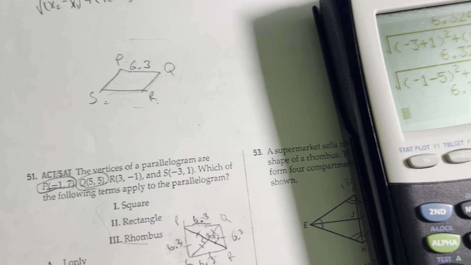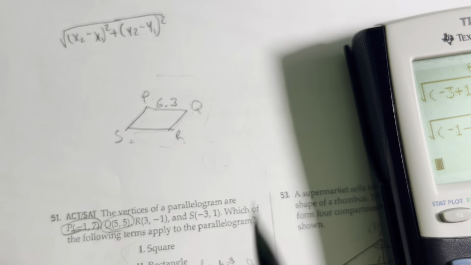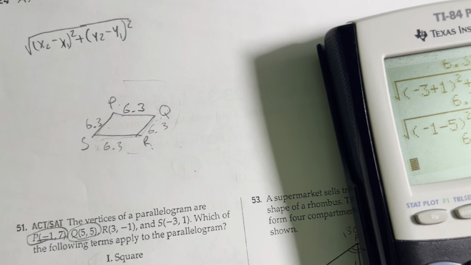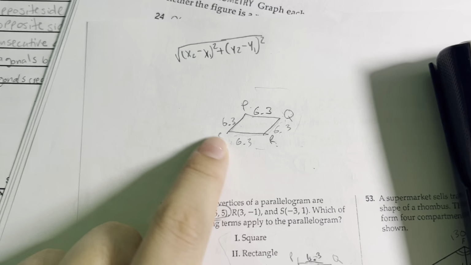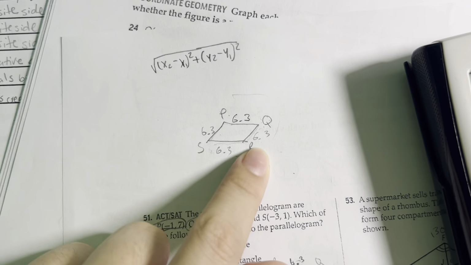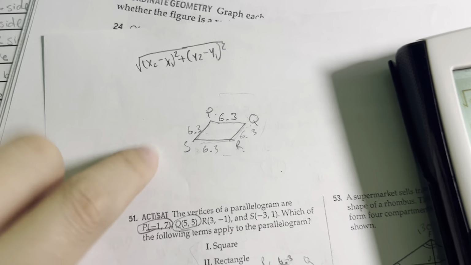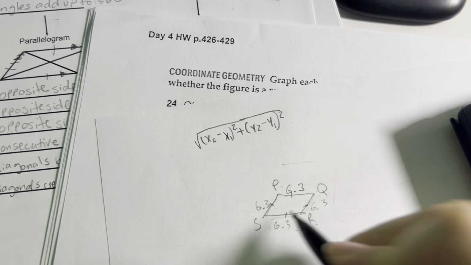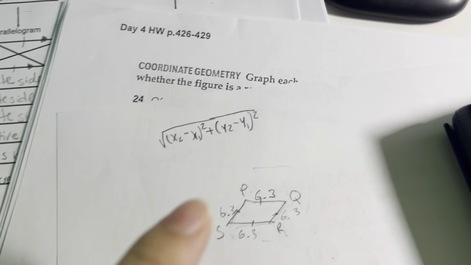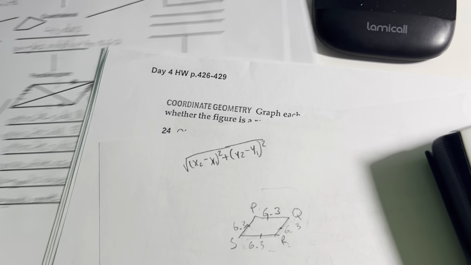Okay, so you're just gonna apply the same thing to do the rest. I applied it to everything else, and I got 6.3 for all of them. So now I know that all of the sides are congruent, right?